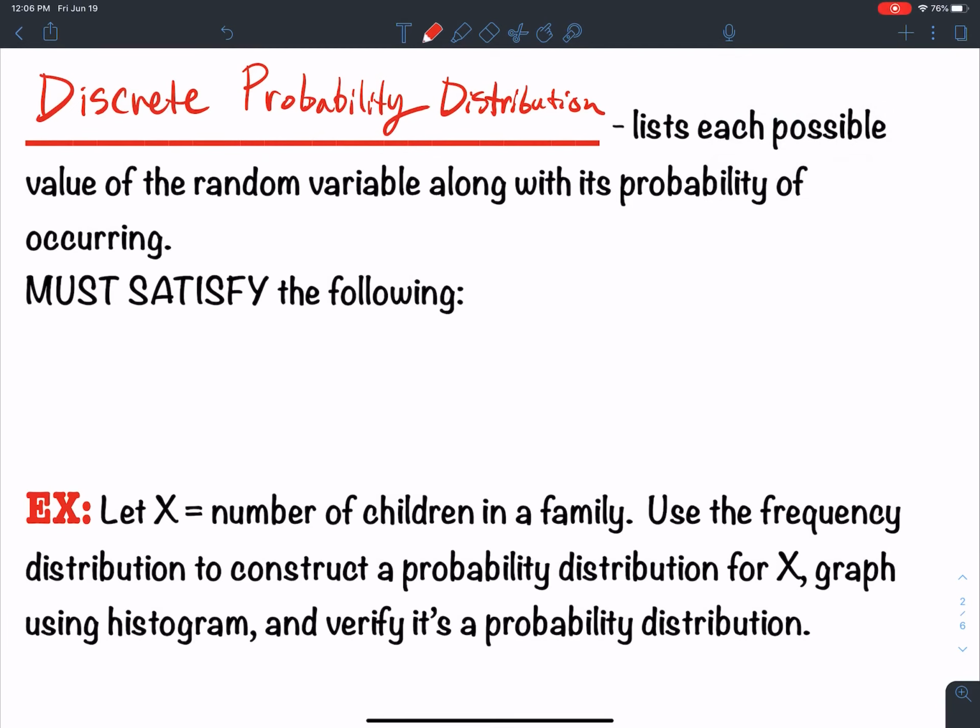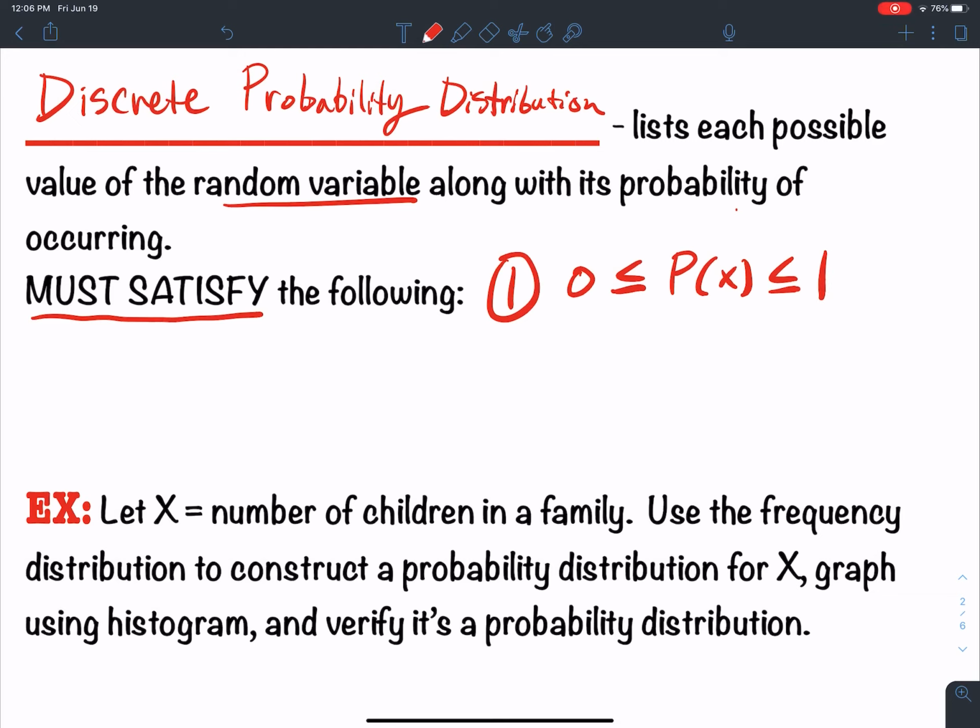So here we're going to do the discrete probability distribution. This lists each possible value of the random variable along with its probability of occurring. It must satisfy the following conditions, and there's two of them. Number one, each probability is restricted between 0 and 1.